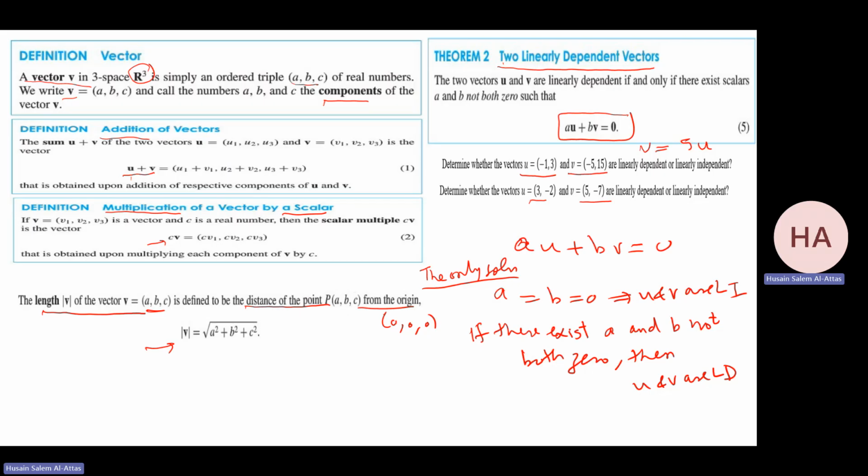So if I can find A and B, at least one of them not 0, such that I have this relation, Au plus Bv equals 0, then u and v are linearly dependent. However, if there is no possibility to have this relation unless A equals B equals 0, then we call the two vectors linearly independent.